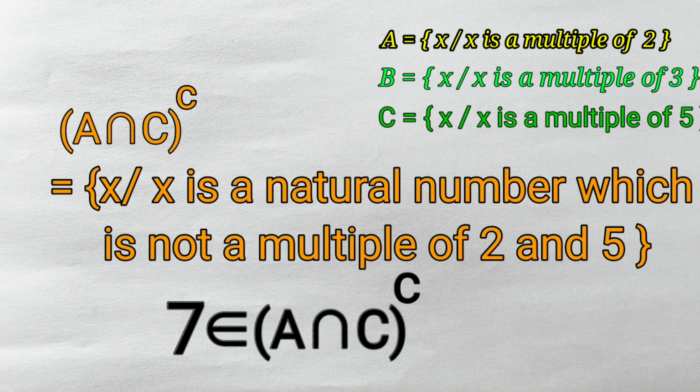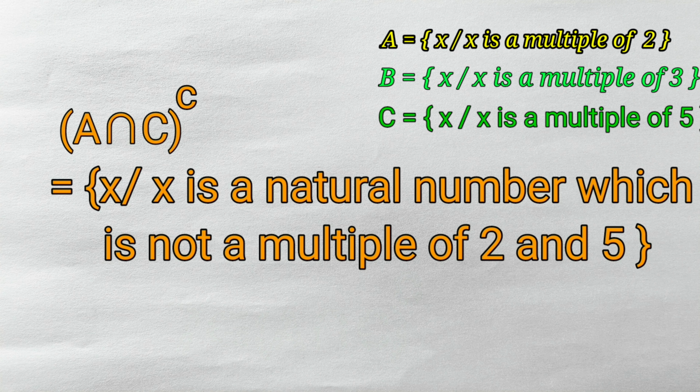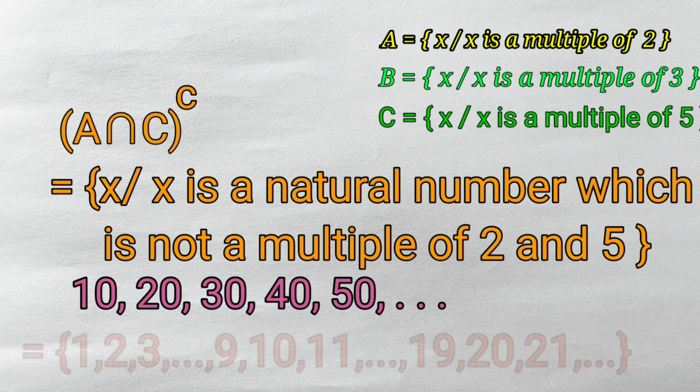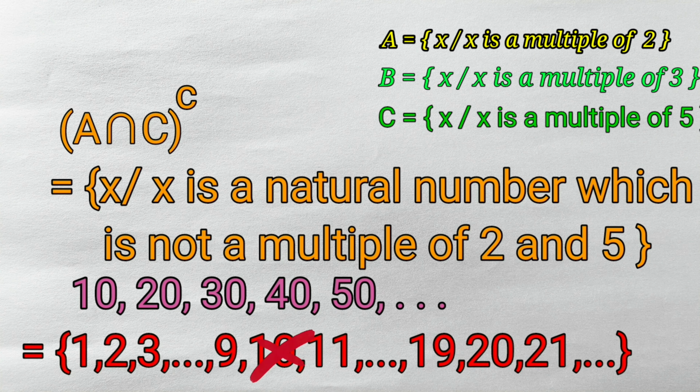So for the set (A intersection C) whole complement, we should not consider the common multiples of 2 and 5, that is 10, 20, 30, 40, 50 and so on. Leaving these elements, we have to consider all the remaining natural numbers for the set (A intersection C) whole complement.